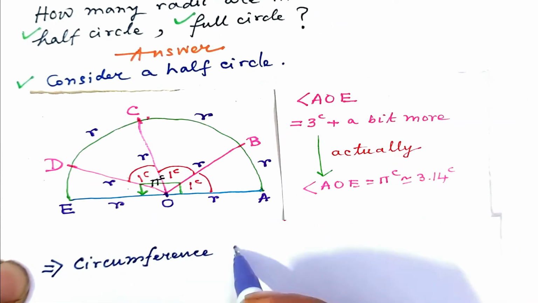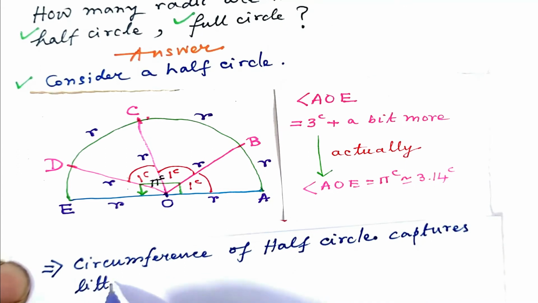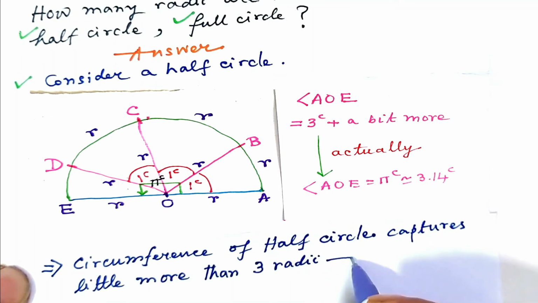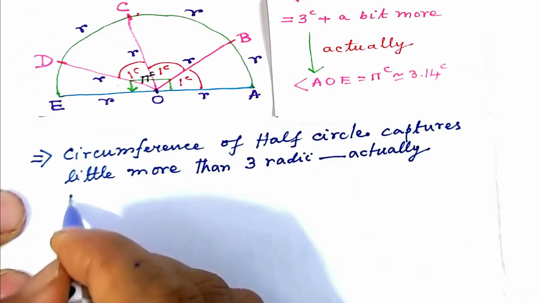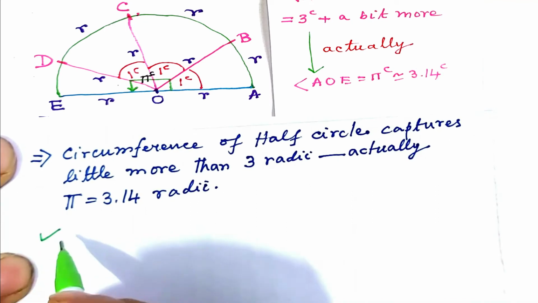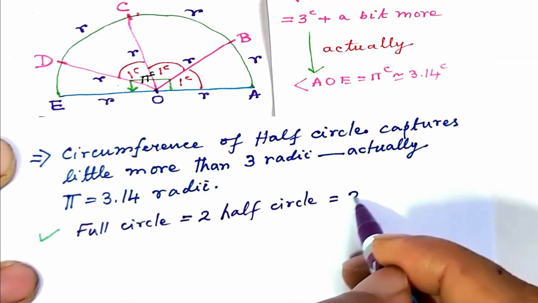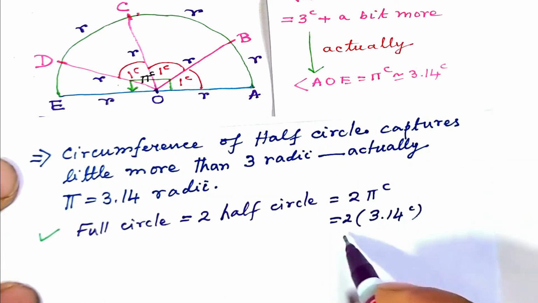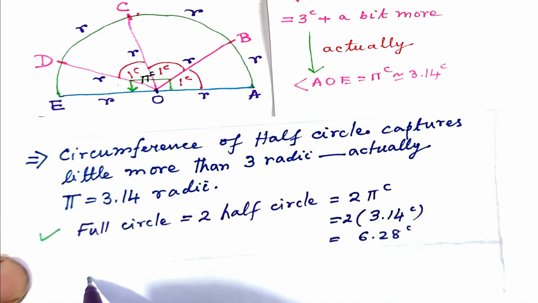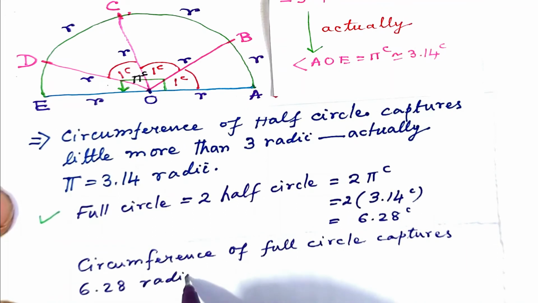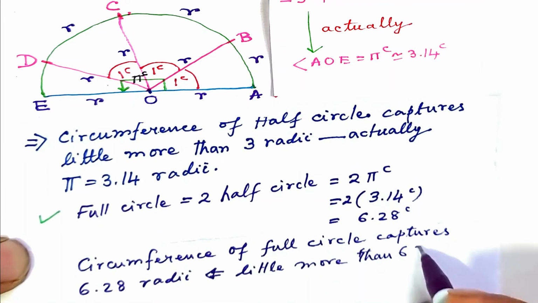Hence, the circumference of the half circle captures a little more than 3 radii, that is a little more than AB plus BC plus CD, that is R plus R plus R. Actually, it is pi equal to 3.14 radii. And a full circle is 2 half circles equal to 2 pi radians, that is 2 into 3.14 radians equal to 6.28 radians. Hence, the circumference of a full circle captures 6.28 radii, that is a little more than 6 radii.